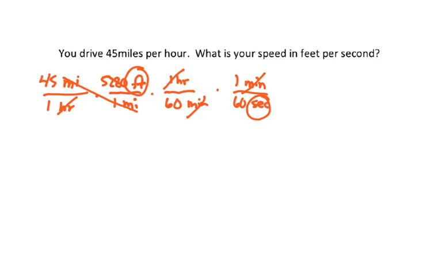And it turns out our calculator is going to tell us that that is going to be 66 feet per second, which we would normally write with the feet and the second as their own fraction. So more like 66 feet per second.